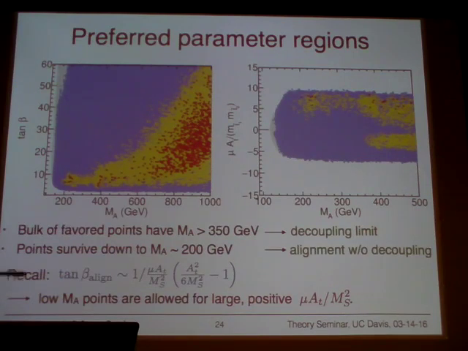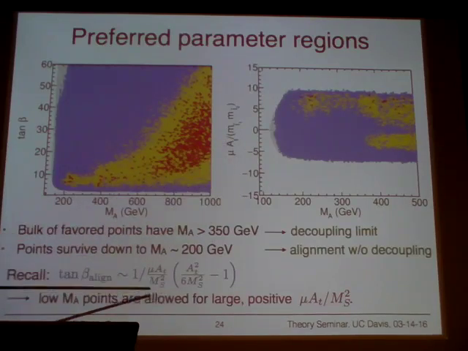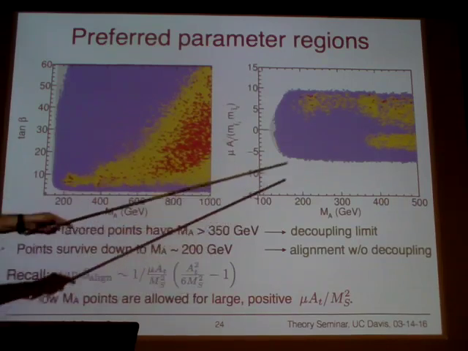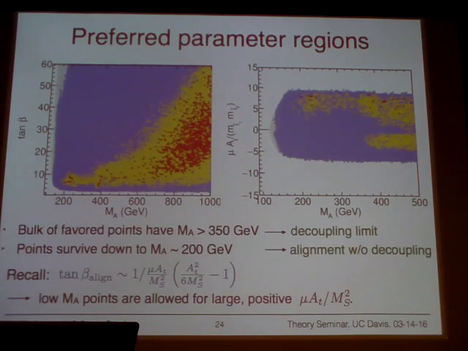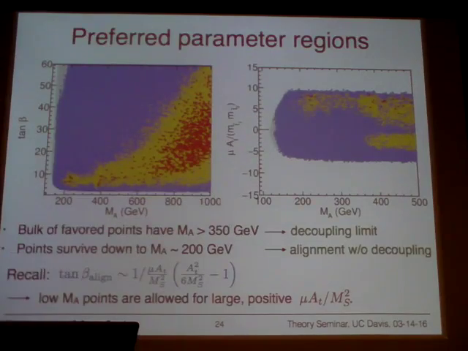And if we have a closer look at those points and plot this quantity which was here in the denominator, mu times A_t over m_S squared, then we see it has very sizable values. And this quantity actually has to be positive.